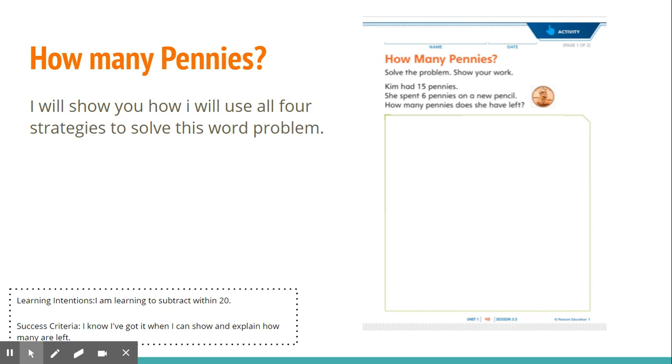Practice using all 4 of these strategies to solve the problem, how many pennies? Kim had 15 pennies. She spent 6 pennies on a new pencil. How many pennies does she have left?